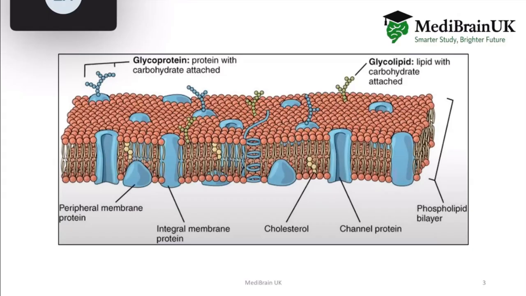You also need to know what a peripheral membrane protein is and an integral membrane protein is, or an intrinsic and an extrinsic protein. You need to know the function and purpose of cholesterol within the cell membrane. You also need to know what channel proteins are, and also the fluid mosaic model of this and the phospholipid bilayer. And that's what we're going to go through in today's lesson to start off with.